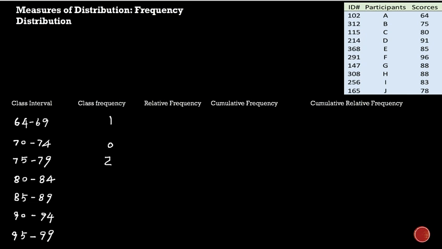80 to 84. I want to point out that the class interval includes the boundary points. For example, this category includes 80 and 84. So we have 81, we have 80, and then 83. So we have 3 here.